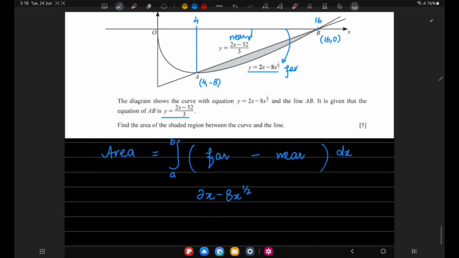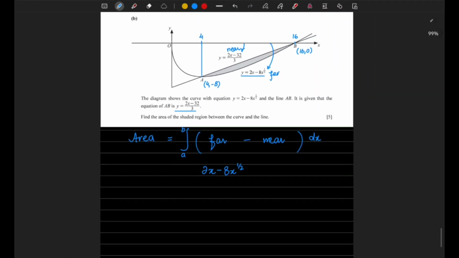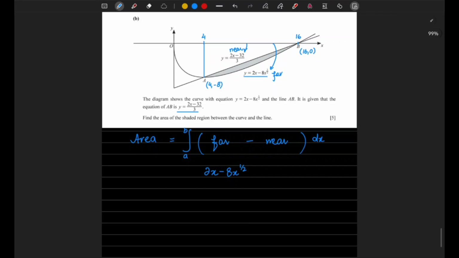So 2x minus 8x to the power half is one curve equation, and the nearer one is the AB line, and its equation is 2x minus 32 over 3, and integration from A to B. So what are the limits? 4 to 16.